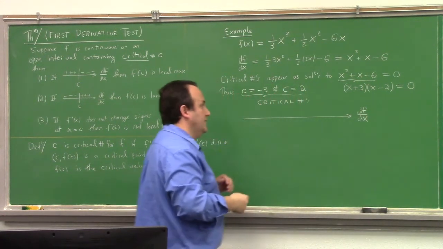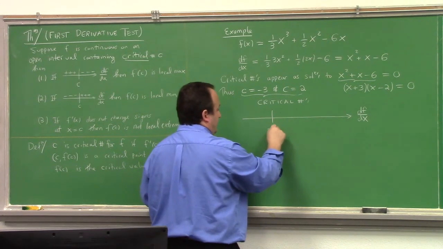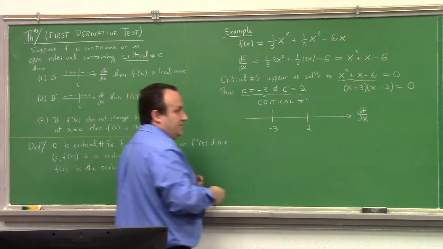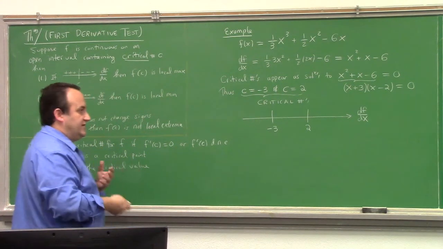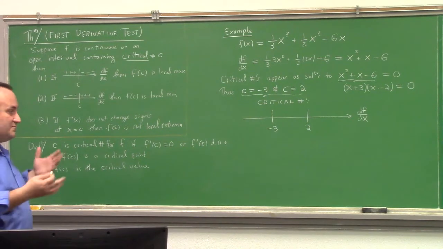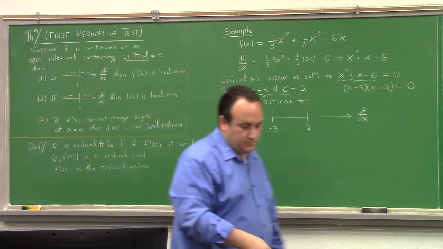Right. And so on that sign chart, we have minus 3 and 2. Those are the two places where the derivative can change signs. The derivative is itself a continuous function, so those are the only places where we're free to change signs.